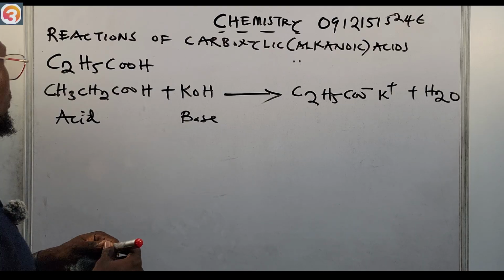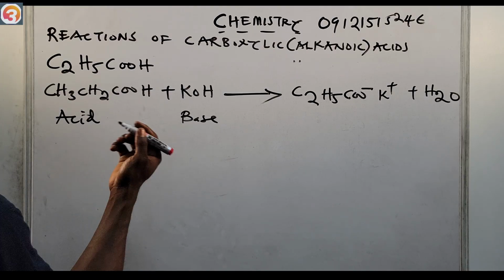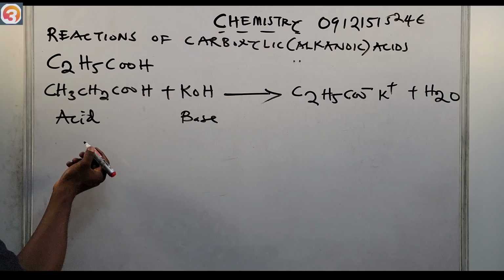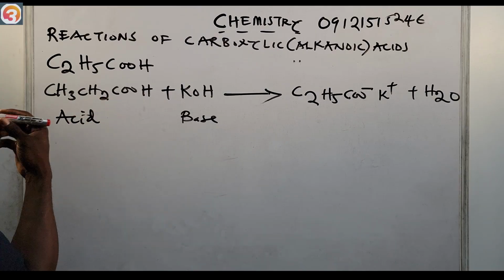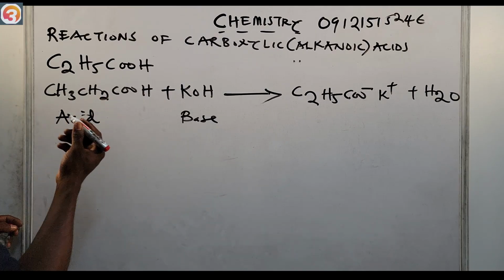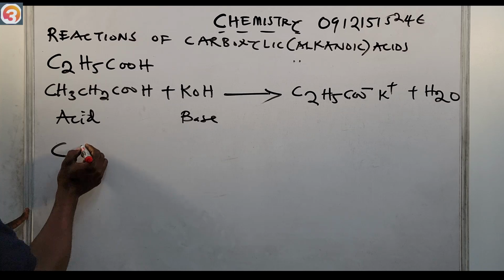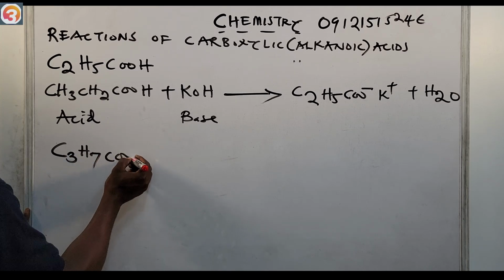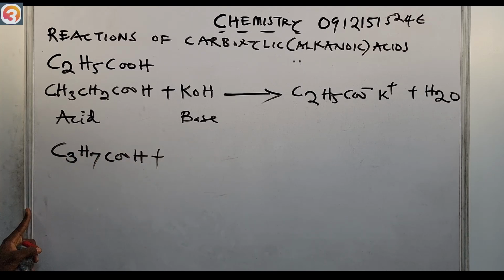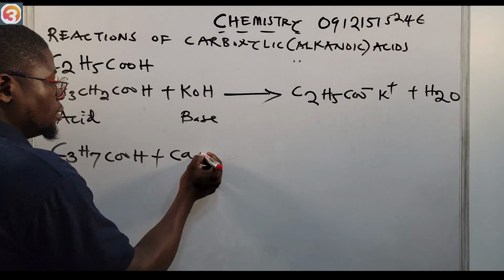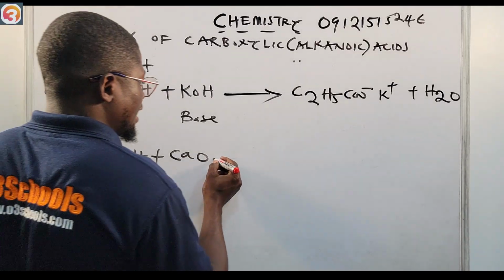Let us see another example. Let's say we use butanoic acid, C3H7COOH, plus, let's say this time, we use an alkali like calcium oxide.